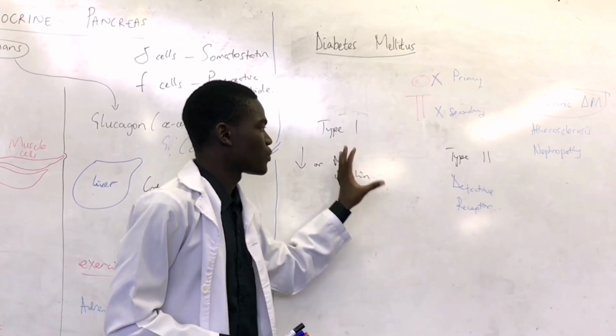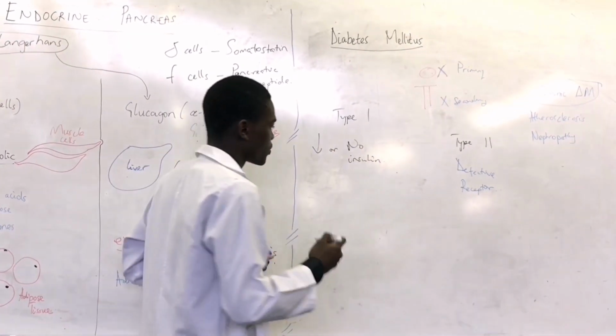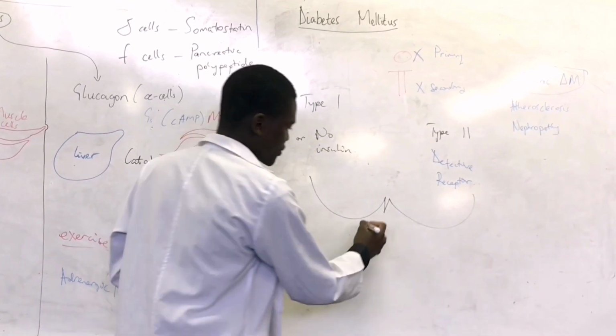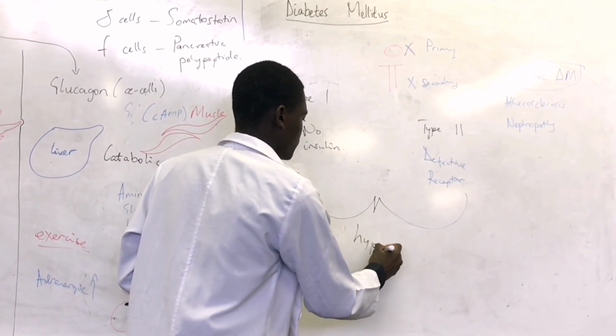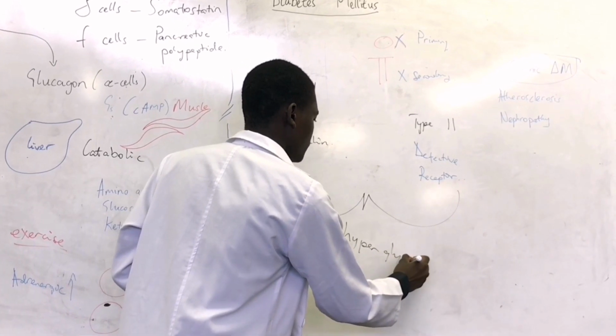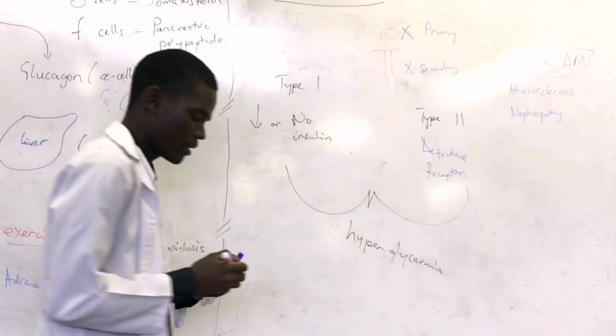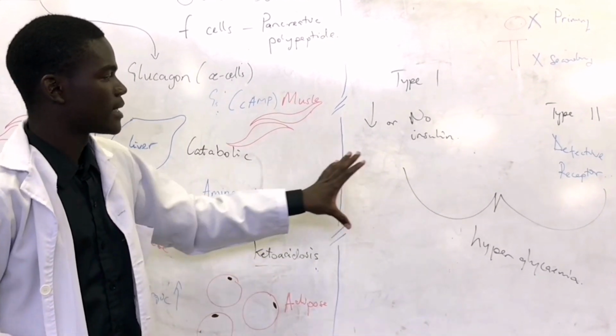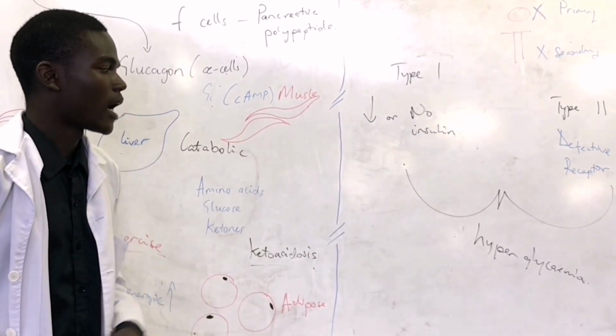Okay, which means that summing up on these two types, they all lead to hyperglycemia, because we are saying that glucose is accumulating in the blood, no mechanism is there to eliminate it. Hyperglycemia.